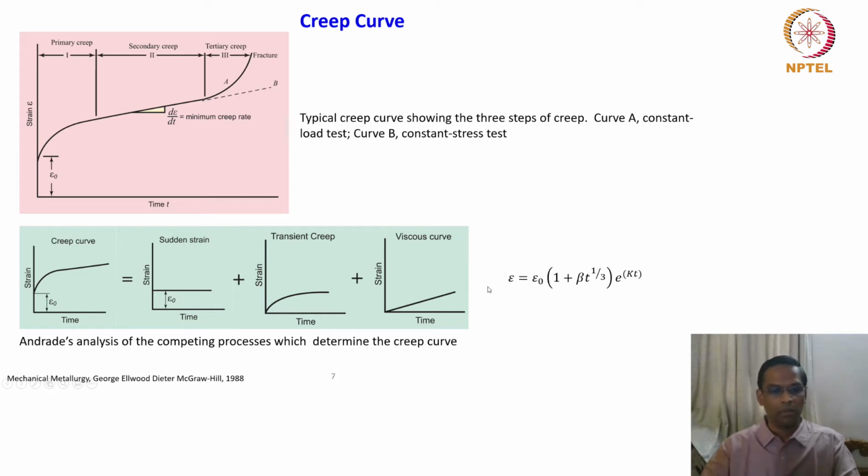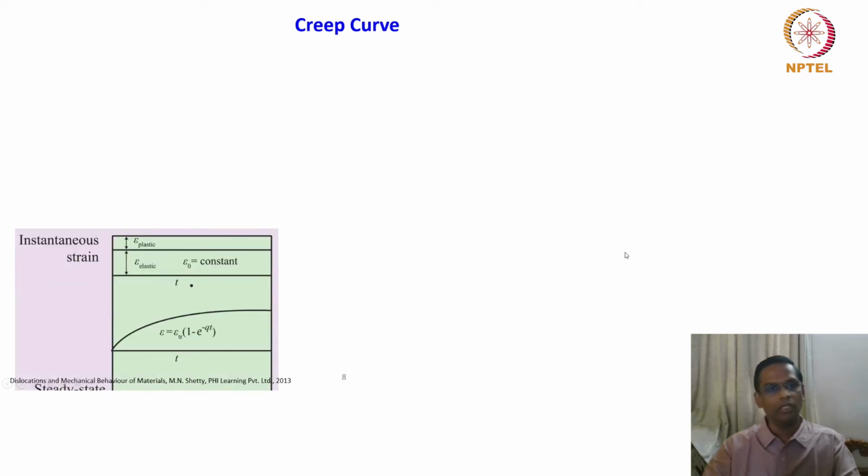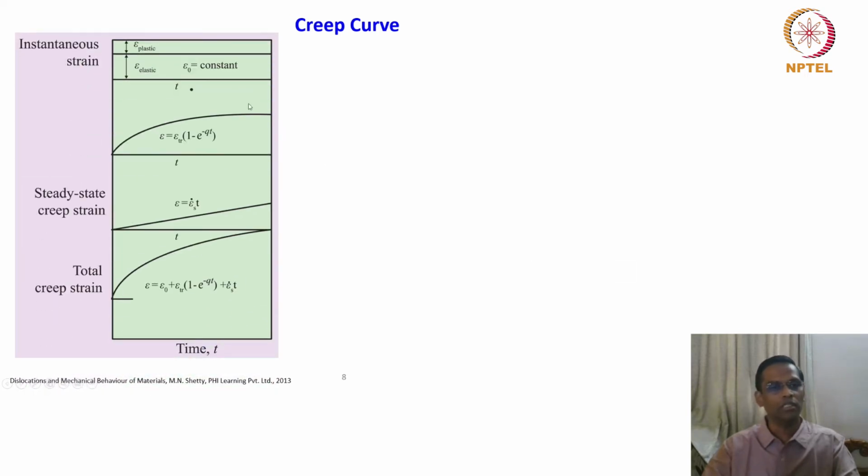Some other people have improved this equation, and they have shown a similar decomposition of the creep curve into instantaneous strain, transient creep and viscous creep, with the total creep strain given by this equation.